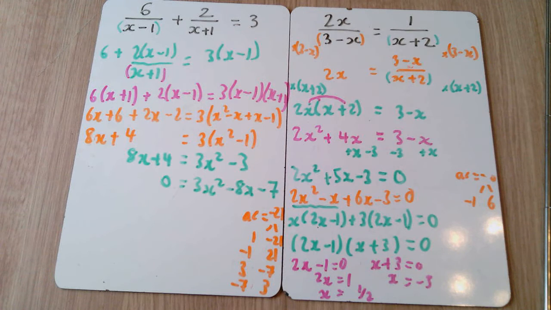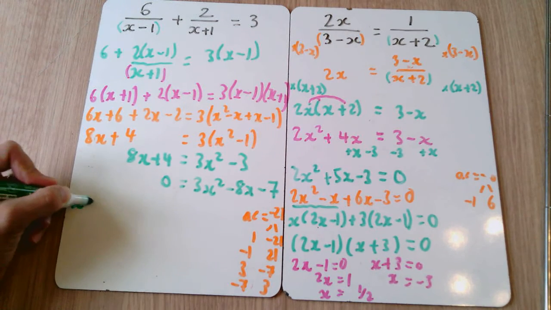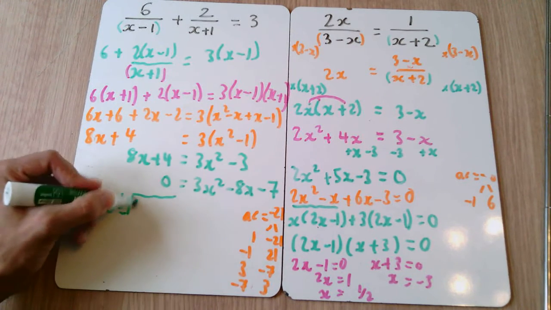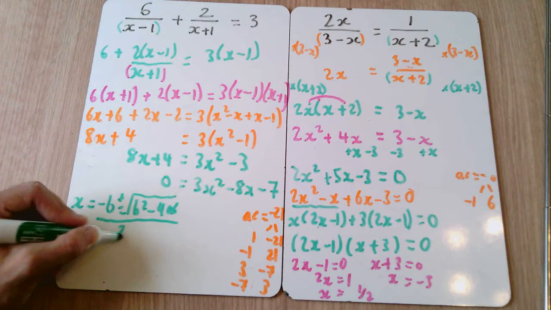Now, the quadratic formula is as seen over here. x equals minus b plus or minus the square root of b squared minus 4ac, all over 2a.